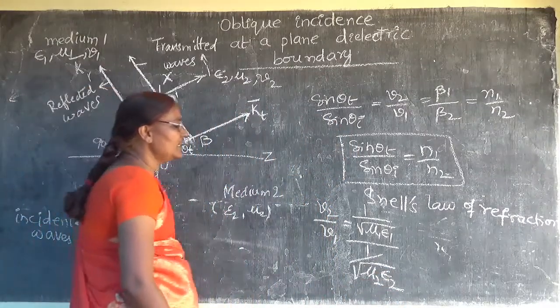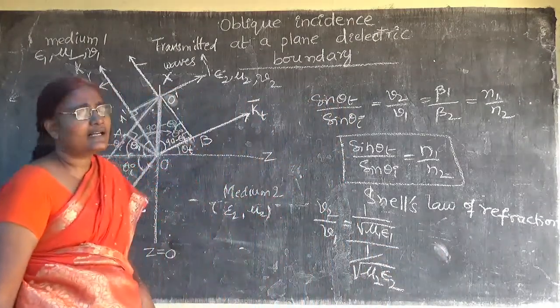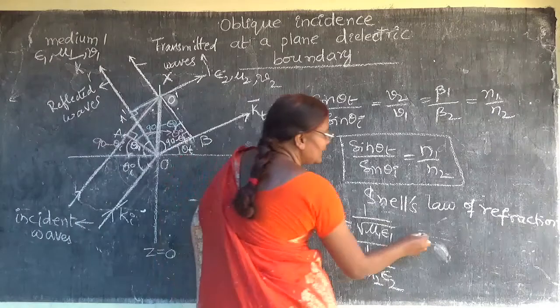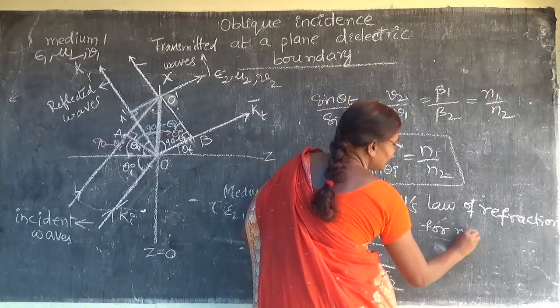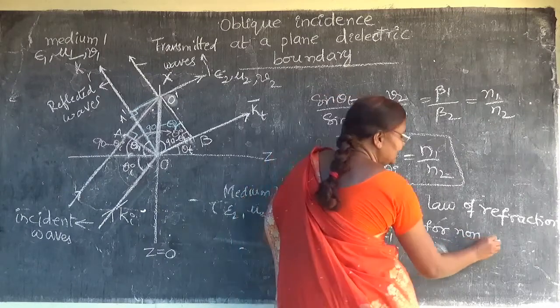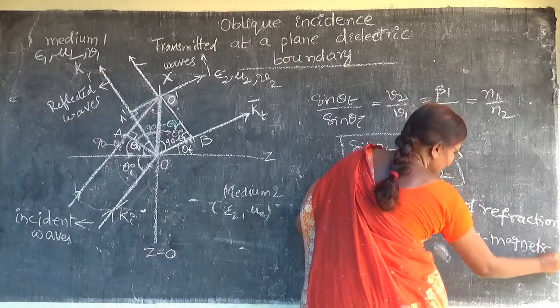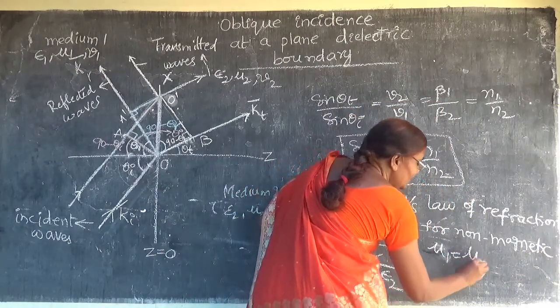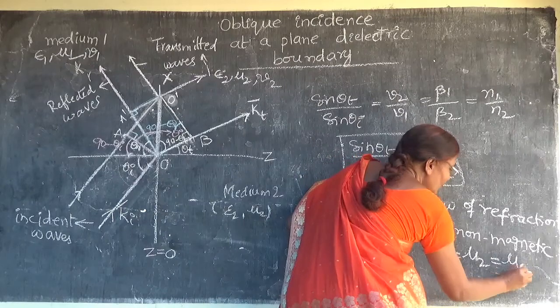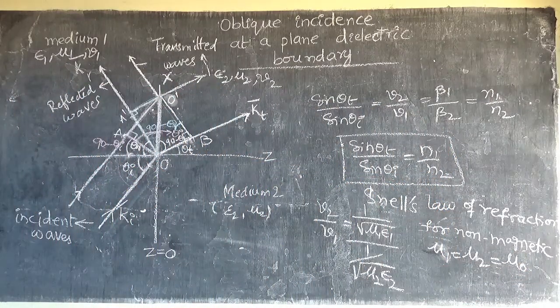So if I consider a non-magnetic medium, mu1 is equal to mu2 is equal to mu naught.